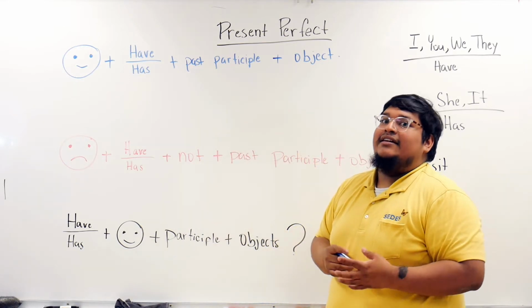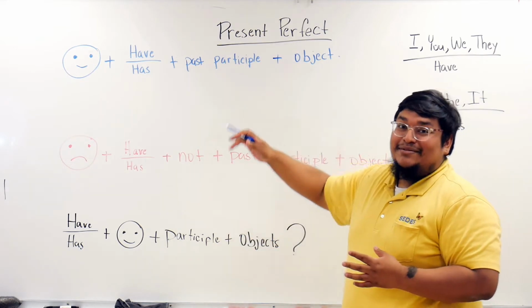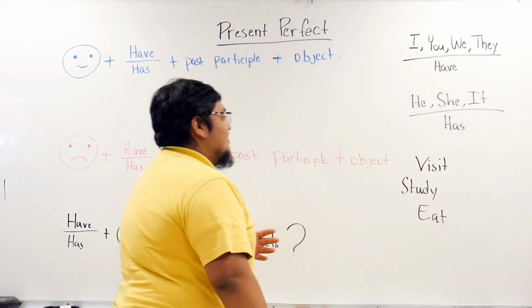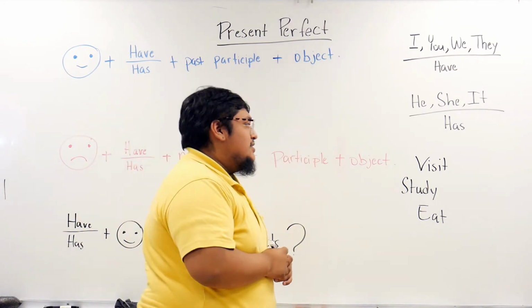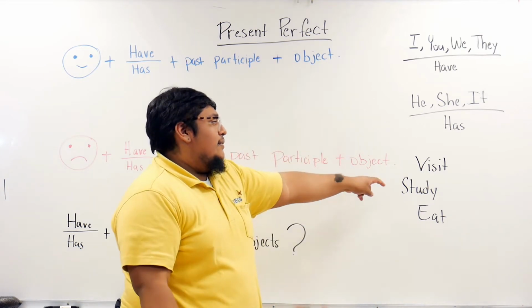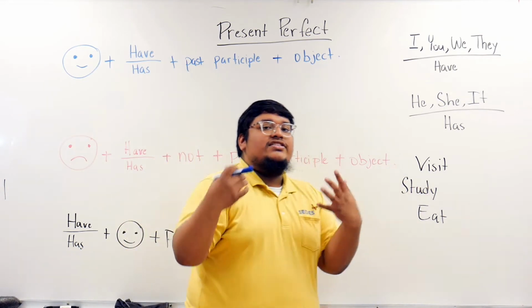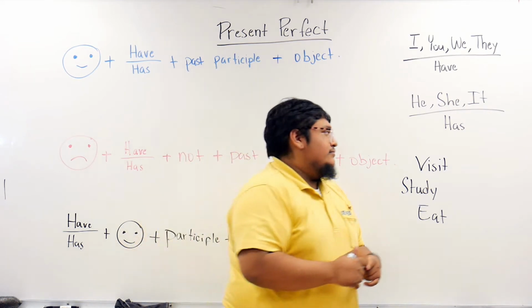So now you're probably thinking, what the heck is a past participle? I know it sounds like a big word, and it is a big word, but all it is is a different form of the verb. So here's the cool thing about it. If you have a regular verb like the word visit, what's visit in the past? It's visited, right?